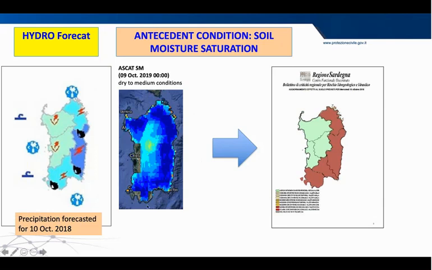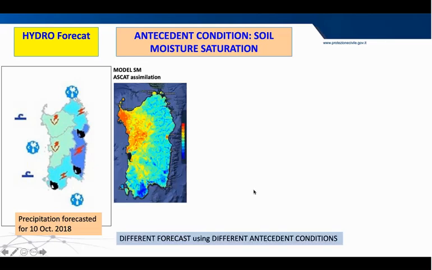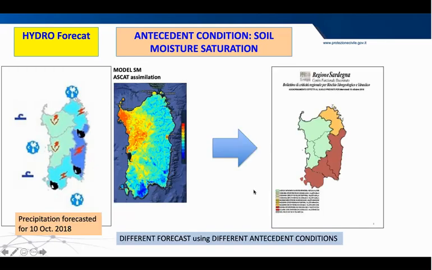So on the basis of the soil condition, these other parts are of course introduced in the bulletin, using at least the model with the assimilation of the ASCAT product. We have this kind of alert. The red one is in the middle and in the south part. So we obtain different forecasts using different antecedent conditions.